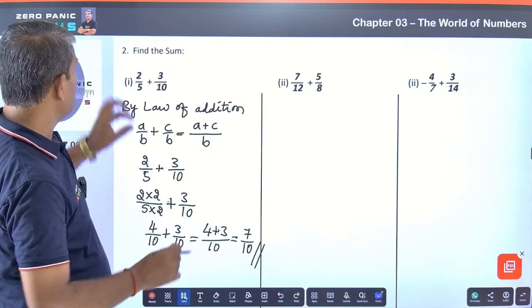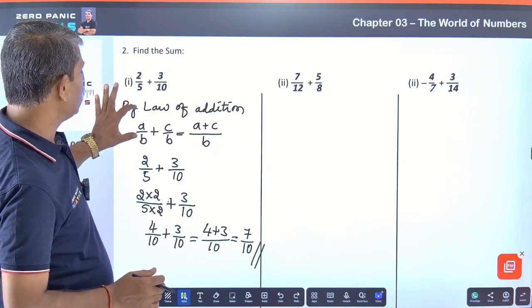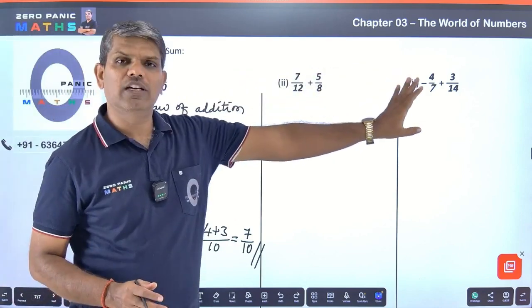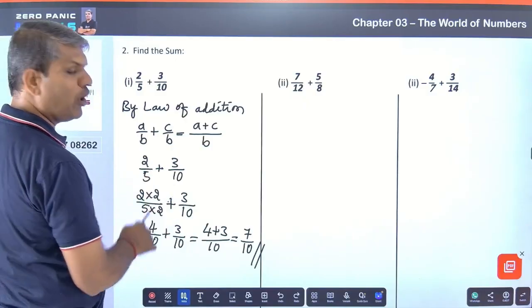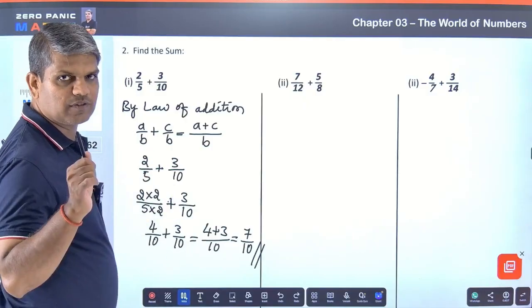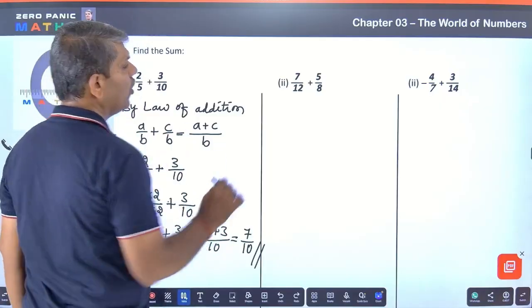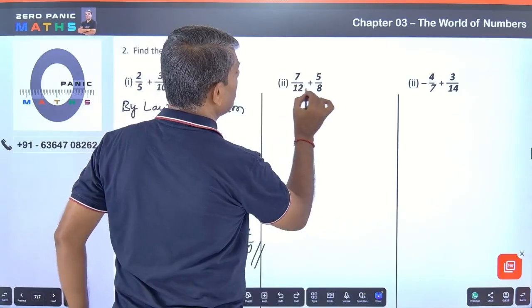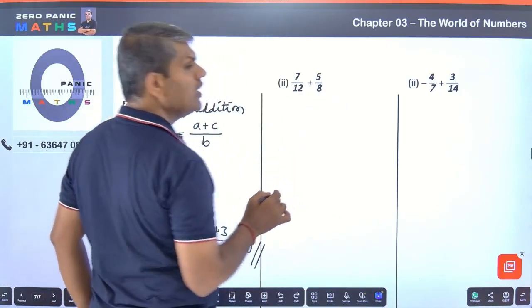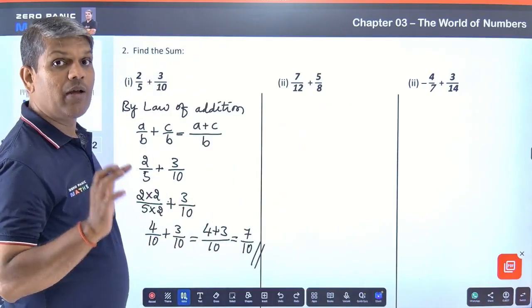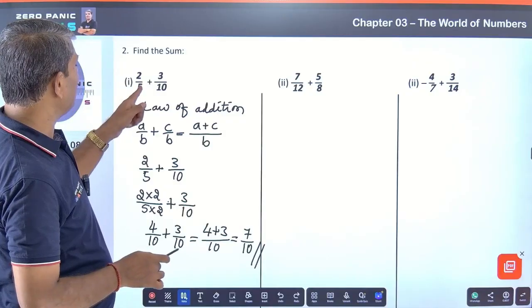Understood, right? Okay, so again, the law of addition, I'm not going to write it for all the problems here. I will start with this point only. You have to write that yourself, right? Now here also both the denominators are not equal. I should be converting both the denominators into the same denominator, but it is unlike the first problem.